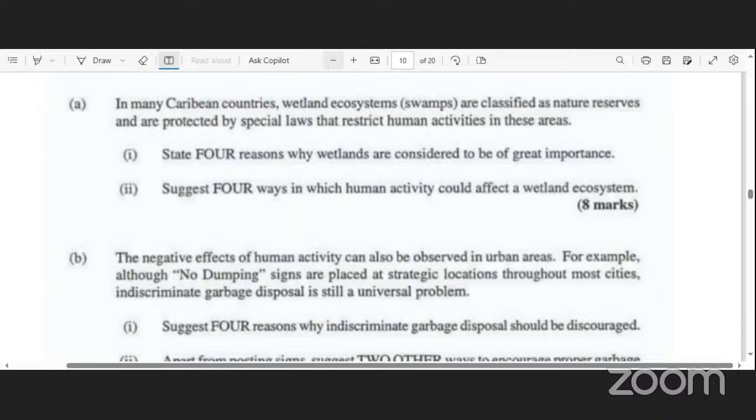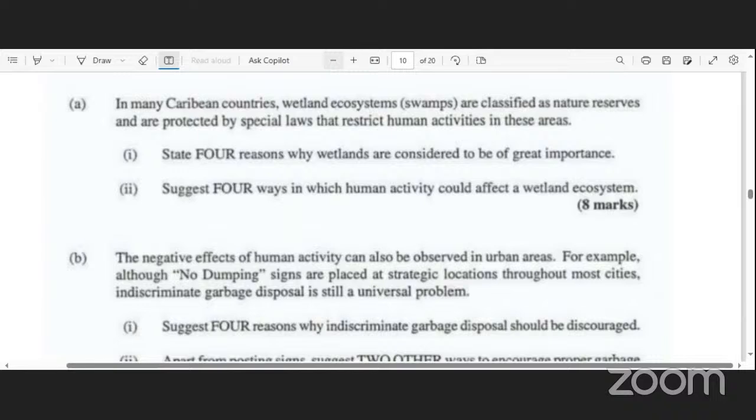Protect marine resources such as coral reefs and seagrass beds from being smothered by silt brought down by rivers and streams. All right. Remember, in a wetland, like for example in mangroves, they are considered to be a breeding ground for a wide variety of organisms. Remember that mangroves are very diverse in terms of the different types of organisms that can be found throughout those areas.